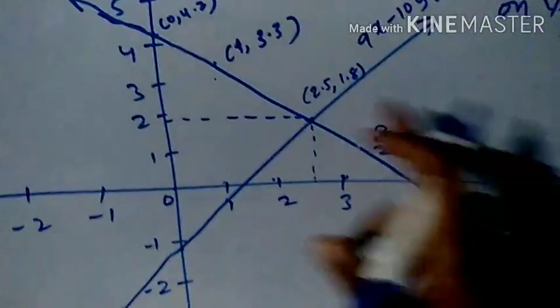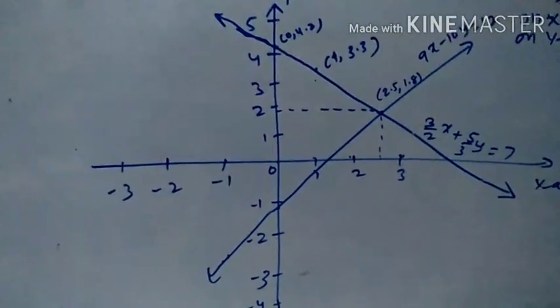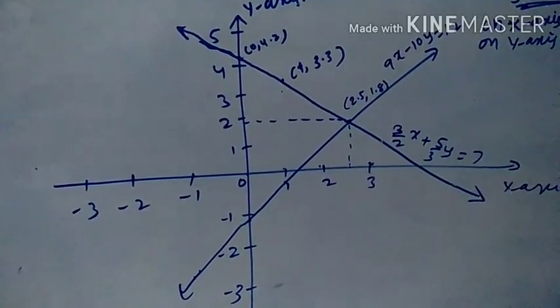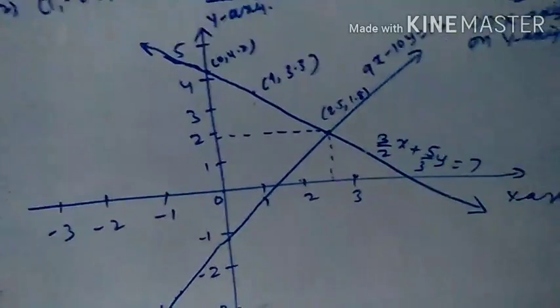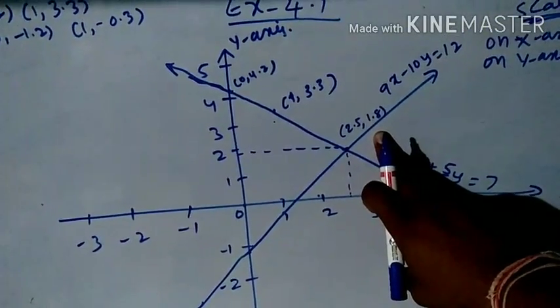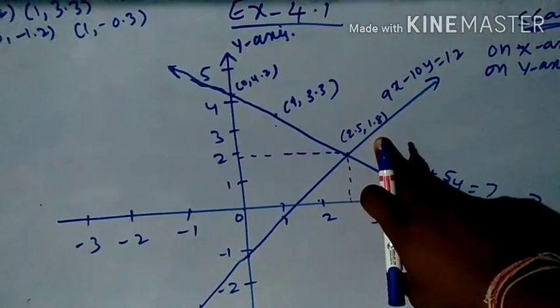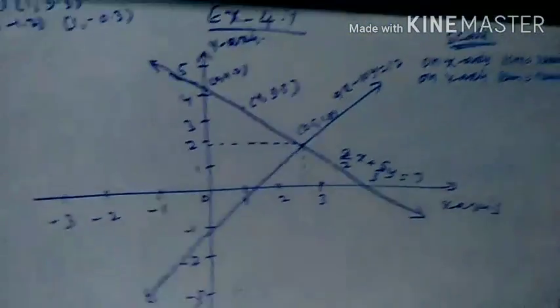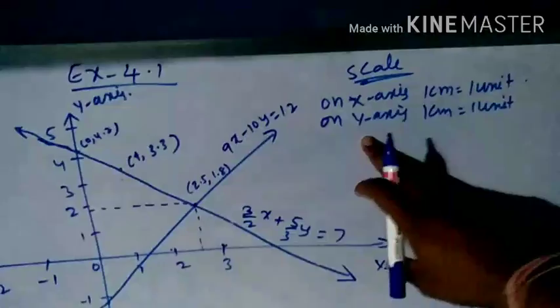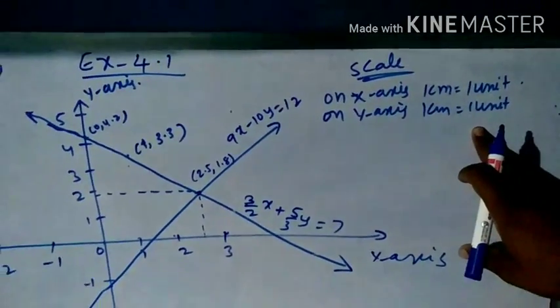I drew roughly, so I can't get the correct answer. So you do it on the graph and find out the correct point. After drawing the graph, don't forget to write the scale on the right side of the graph.